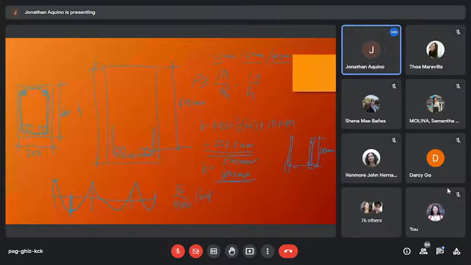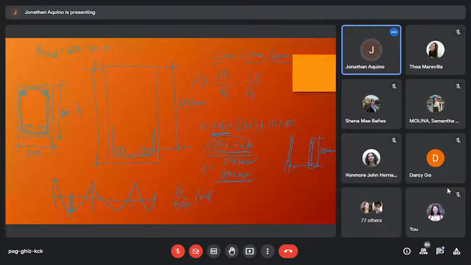So yung d natin ngayon, yung d sa design kanina is 490. Kaya lang, in-adjust natin para maging sakto siya sa full number. So, ang d natin ngayon, the actual, is now equal to 600 minus concrete cover of 40 minus diameter of stirrups of 10 minus 1/2 diameter ng bar na 25.